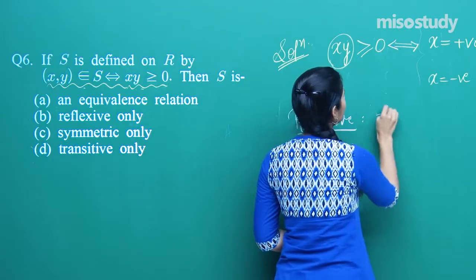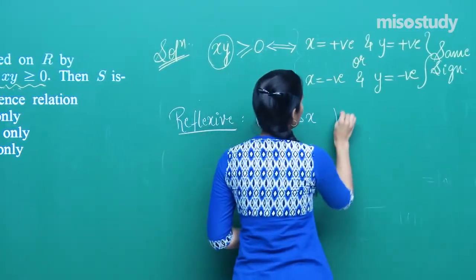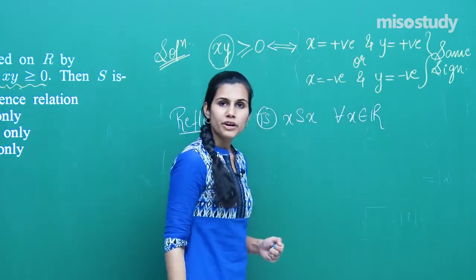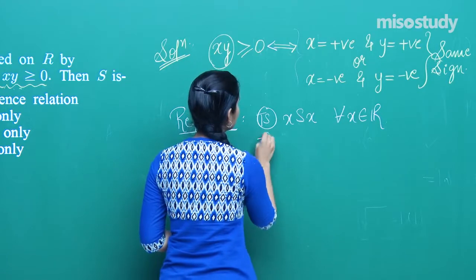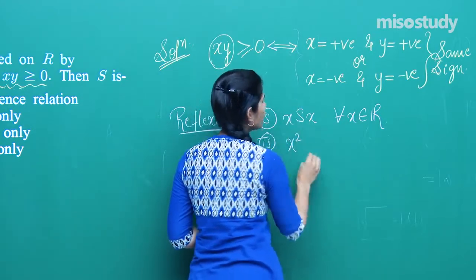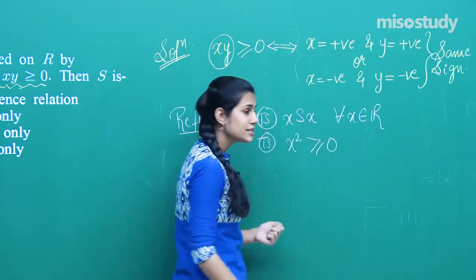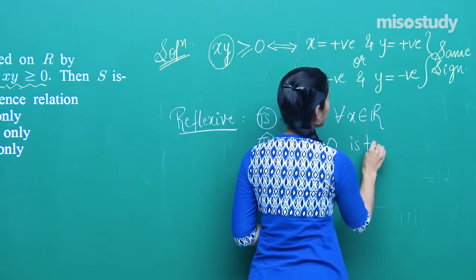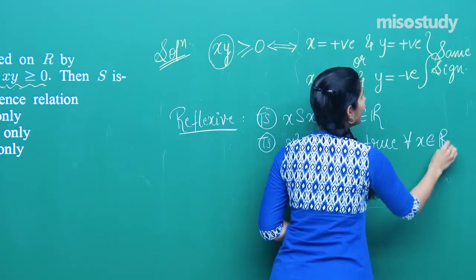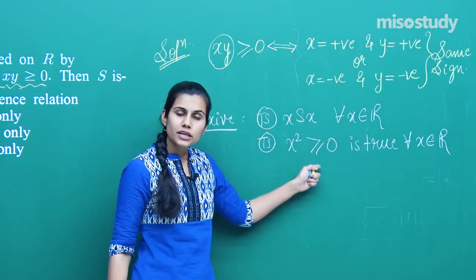Firstly, I have to show x is related to x for every real number x. That means I have to show that x into x, which is x square, is non-negative. This is true for all x in R. I know that x square is definitely non-negative.